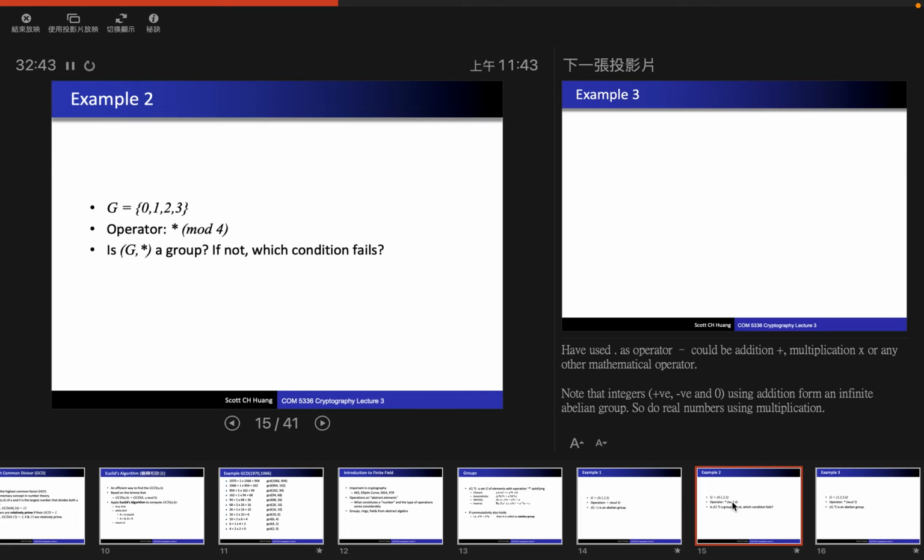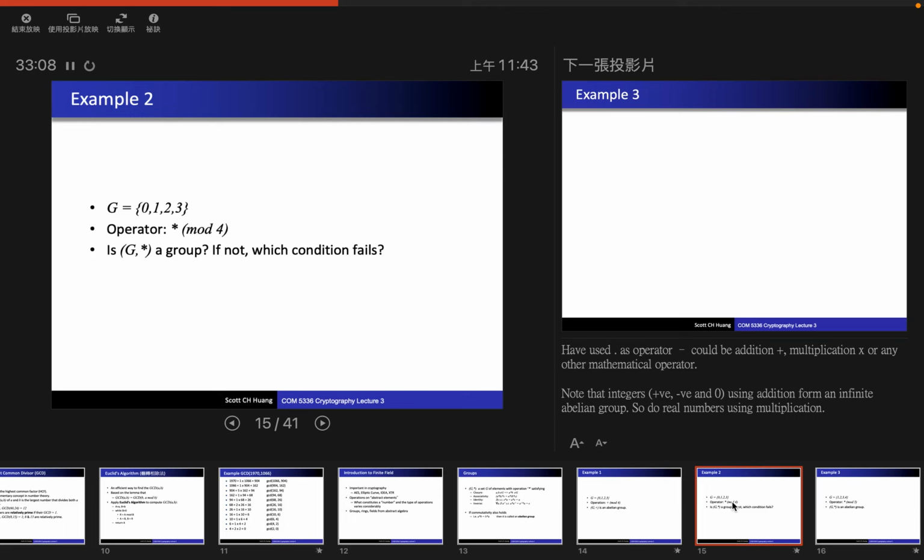In order to be a group, all 4 rules have to hold. As long as any one fails, it's not a group because it violates the requirement. If it's a group, everything has to be satisfied. If you have one thing that violates the rule, then it's not a group.